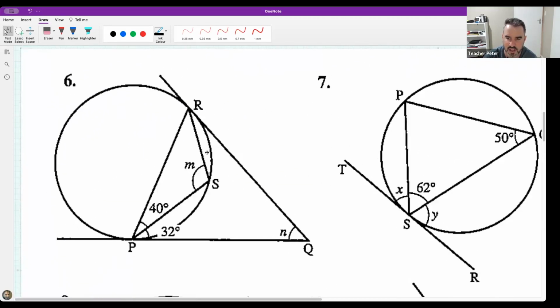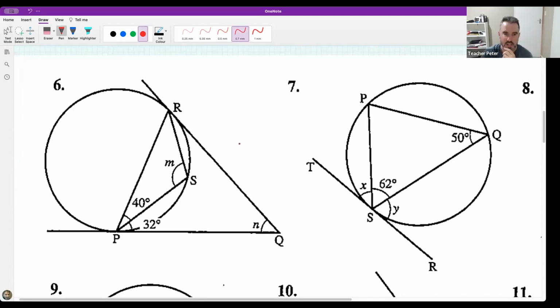Number 6 is going to be about finding n and m, and number 7 is going to be about finding x and y. If you are unsure or would like some feedback, I want you to raise your hand or make a comment. Otherwise, I want to see if you can do these questions, and think about which of the theorems are involved here.